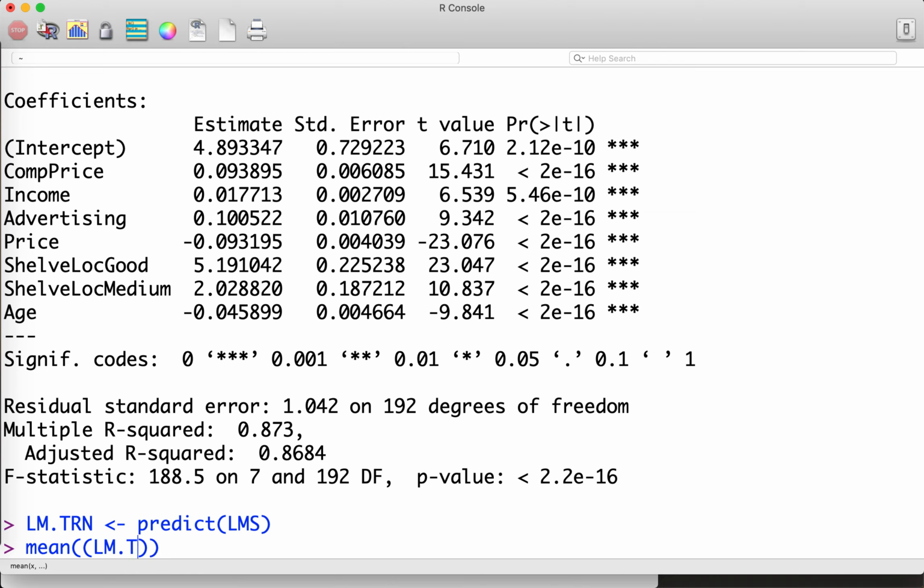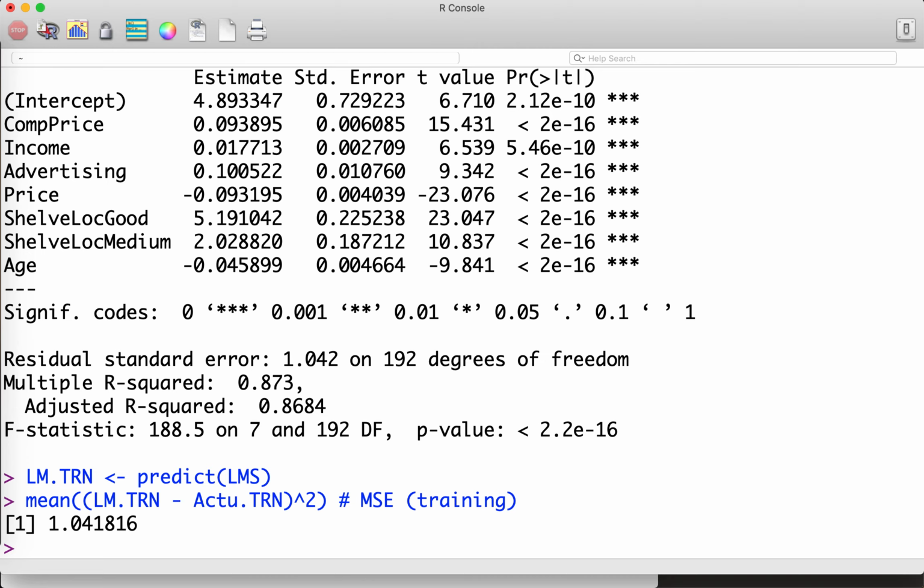So LM TRN, so this is predicted numbers, and actual numbers are defined last time. So TRN. So we take square of this residual and take average. So this is training error. So MSE, mean square error for training set.